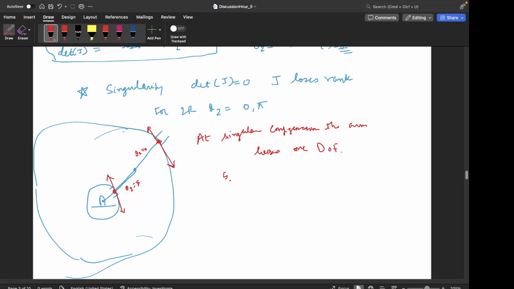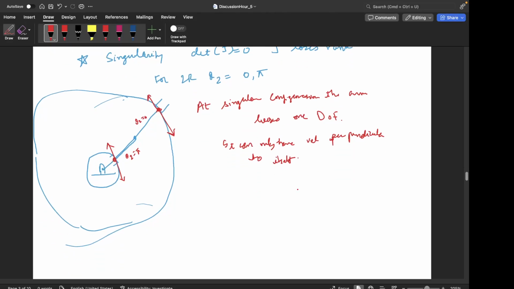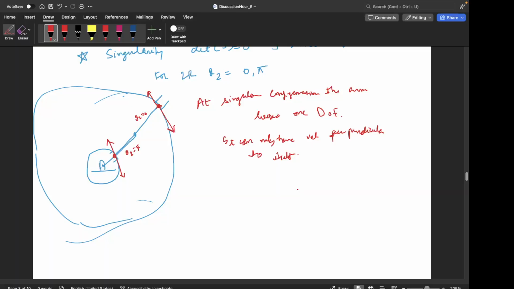It can only have velocity perpendicular to itself. So as you can see, at singular positions we have locked out or eliminated some degrees of freedom, so we generally want to avoid these configurations whenever we are working with manipulators.